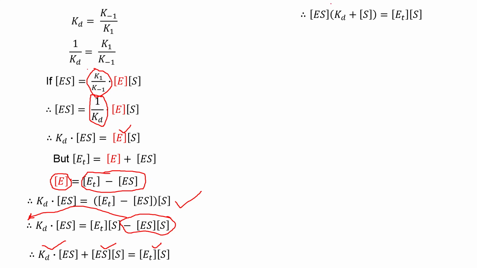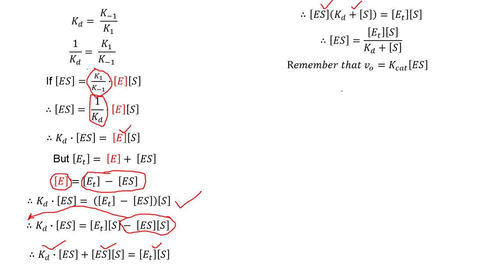So you factorize by bringing out ES and multiplying by Kd plus S to give you E total multiplied by S. Now, you can make ES the subject of the formula by dividing both sides by Kd plus S. And when you do that, you have ES is equal to ET multiplied by S all over Kd plus S.